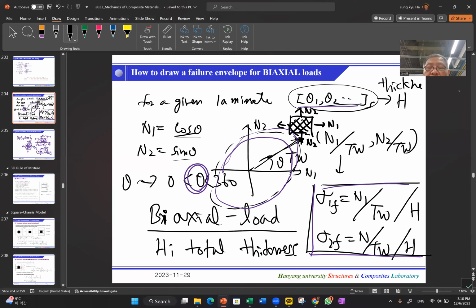For example, let's say we have N1 and N2, and this is a domain. We'd like to draw the failure envelope.